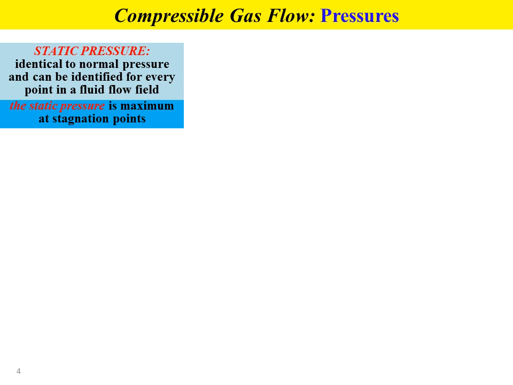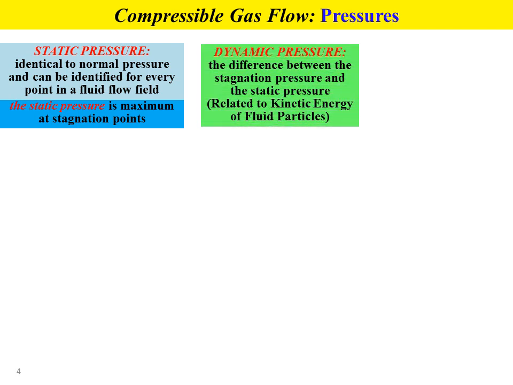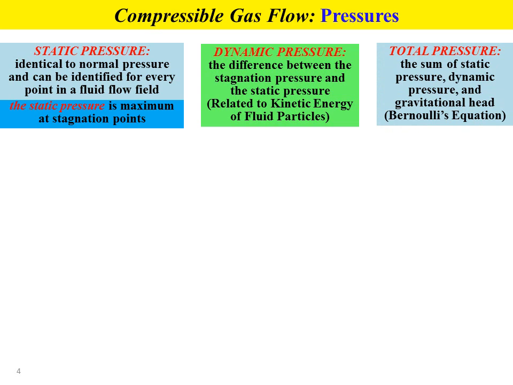The second pressure is dynamic pressure. Dynamic pressure is the difference between the stagnation pressure and the static pressure, and this kind of pressure is related to the kinetic energy of fluid particles. Pressure number 3 is the total pressure.